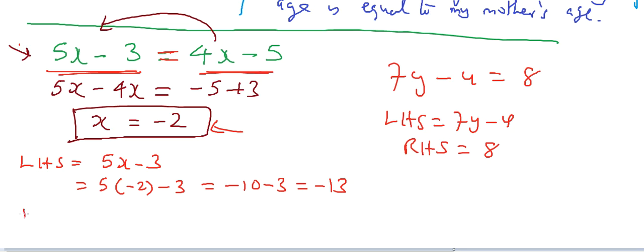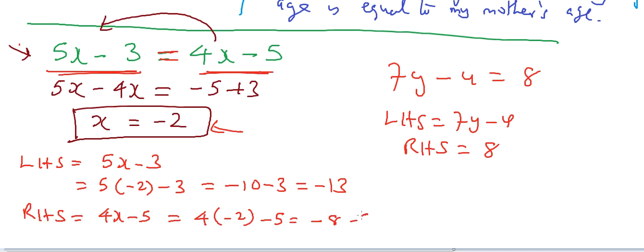Okay. So now let's find the value of RHS with x equal to minus 2. So RHS is 4x minus 5, and substitute. It is equal to 4 into minus 2 minus 5, equal to minus 8 minus 5. What is minus 8 minus 5? Minus 13.